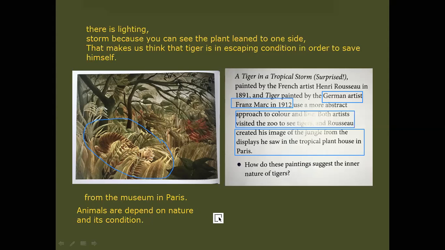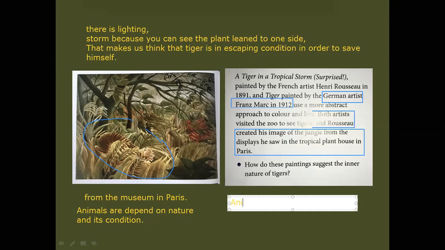If the weather is beautiful and there is grass, they are in a peaceful position. If the food is gone, if it's not raining, the raining season is coming late, or there's a drought, that means they will be in very harsh condition, almost to die. So everything is related to nature. That means animal life is related to nature 100%.